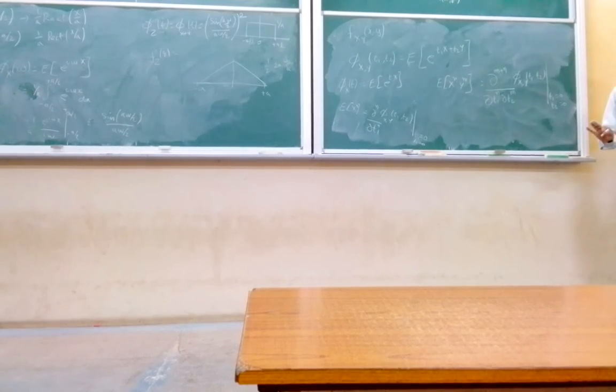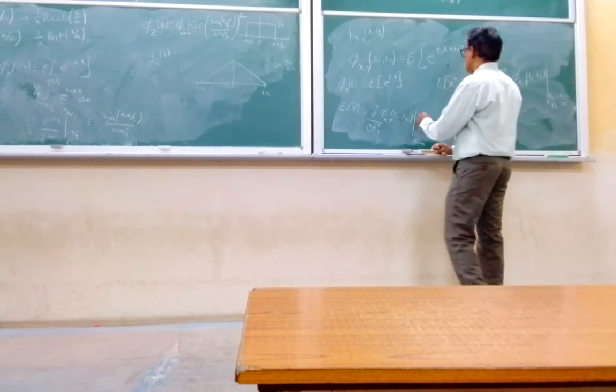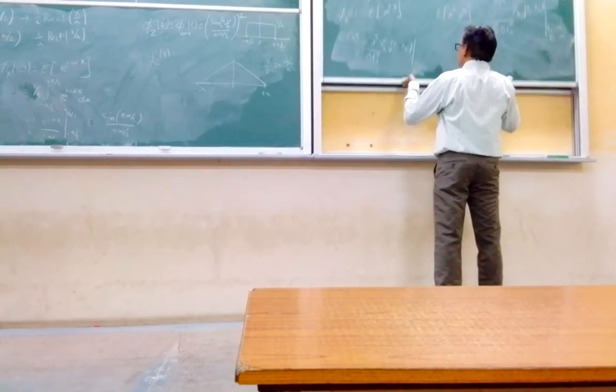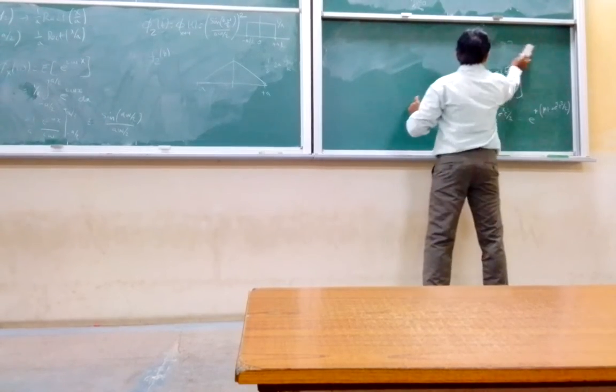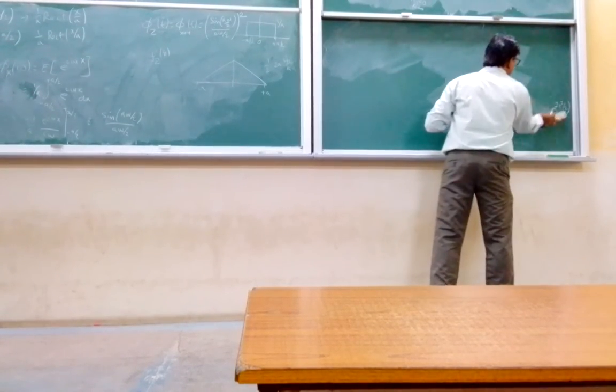Joint characteristic functions are also there. You get it in all flavors, vanilla, chocolate, everything. So joint characteristic functions can be there.